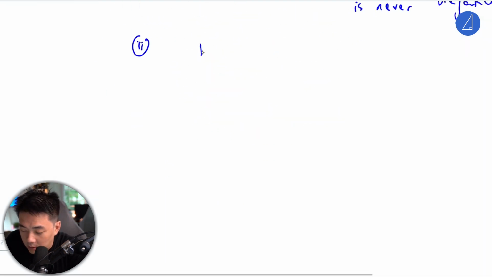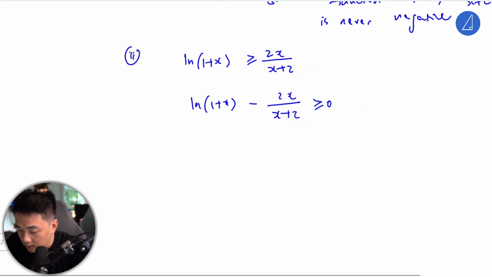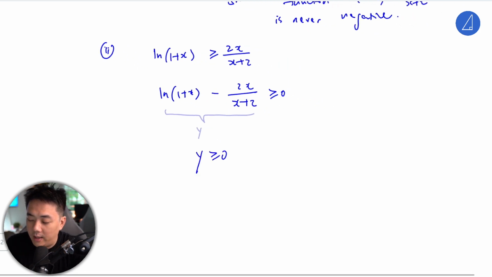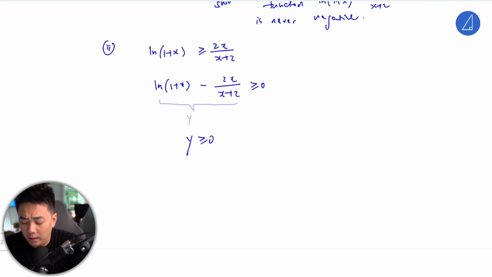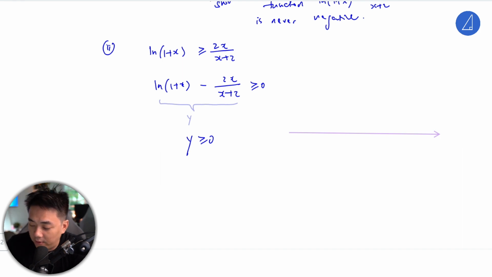Let's try and understand this part. I'm going to start off by writing this out: ln(1 + x) minus 2x over x + 2 is at least 0. This is what our y is. So essentially we want to find when y is at least 0, but the previous result tells us that it's an increasing function.